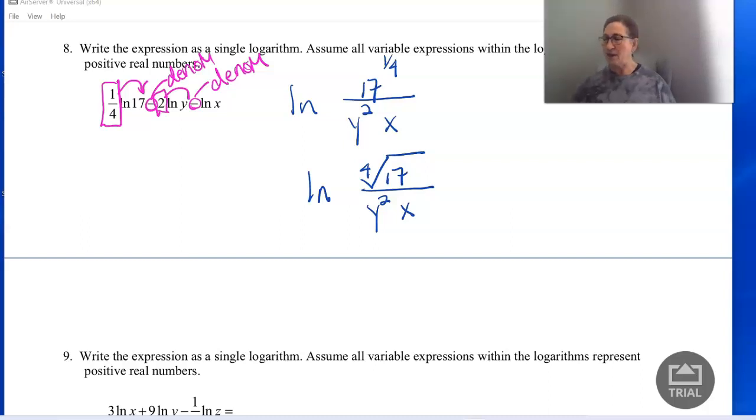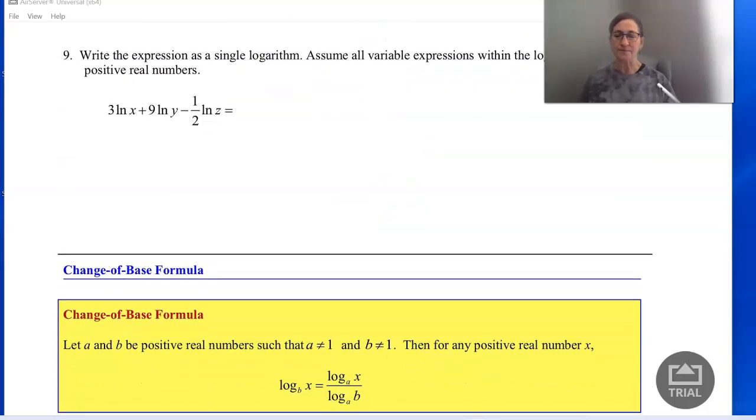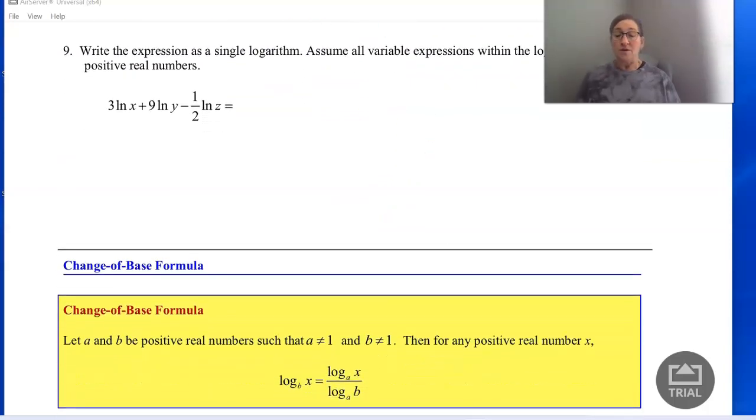Okay. All right. So let's do this next one. So this one, it does have a subtraction sign, but only one. So there's only going to be one factor in the denominator. So this one, I'm going to take natural log, put my fraction bar.